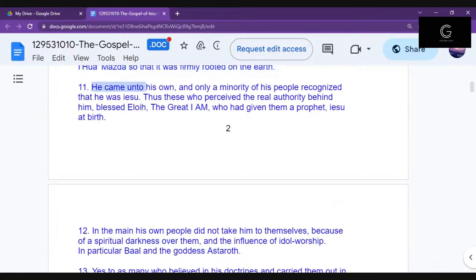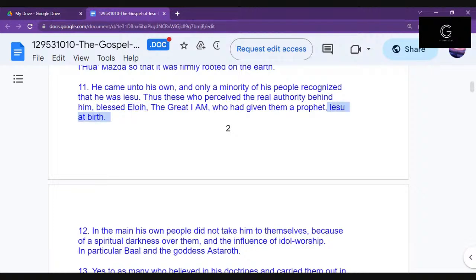He came unto his own, and only a minority of his people recognized that he was iesu. Thus, those who perceived the real authority behind him blessed Eloah, the great Eloah, which is the name the Israelites use for the great spirit, the great I am, who had given them a prophet.